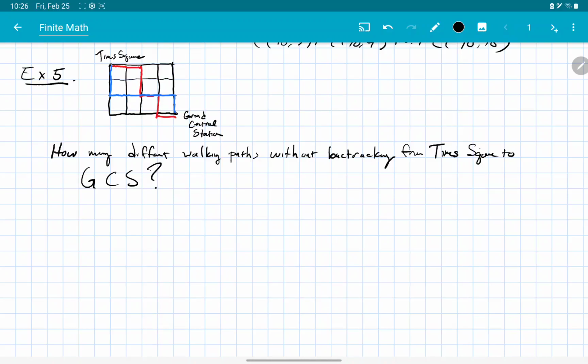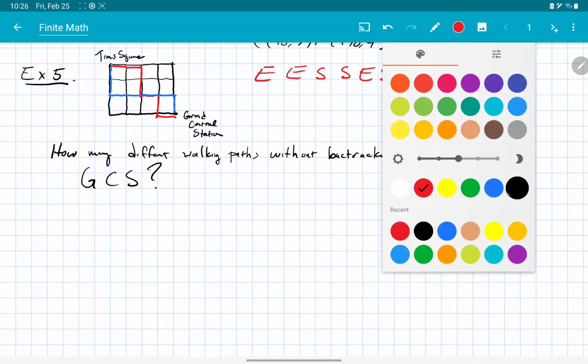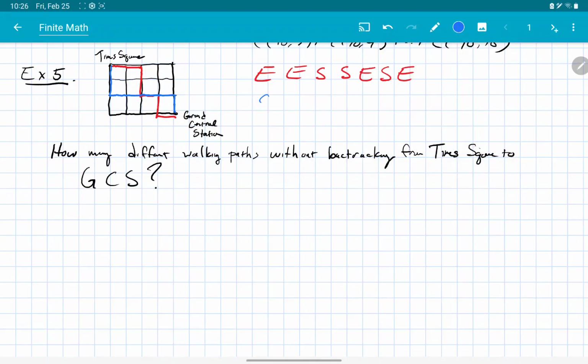Jake? East, east, south, south, east, south, east. Yes, okay, the red path, I think that's a good way to encode it. East, east, south, south, east, south, east. And then the blue path, by that similar encoding, would be south, south, east, east, east, east, south.